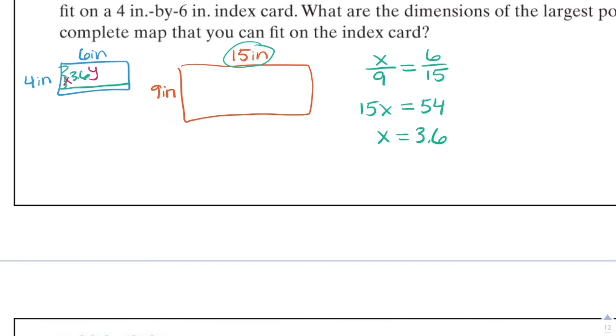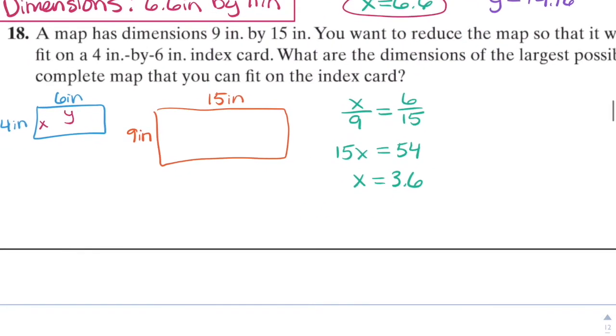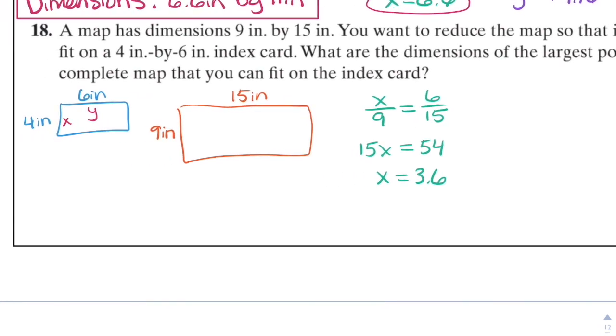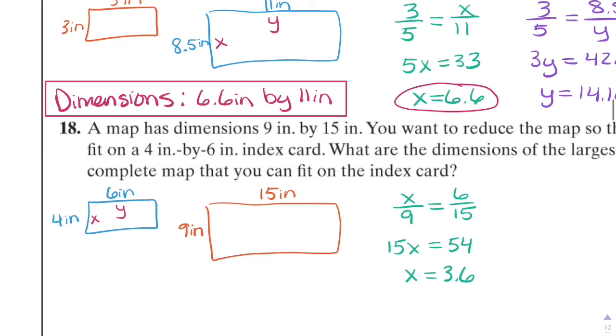So that almost fills out the entire card. Let's see what the other method will give us. We're going to do this one in purple. So instead of x is to 9, we're going to do now, so x is to 9 as 6 is to 15. We're going to do y, what did I do?